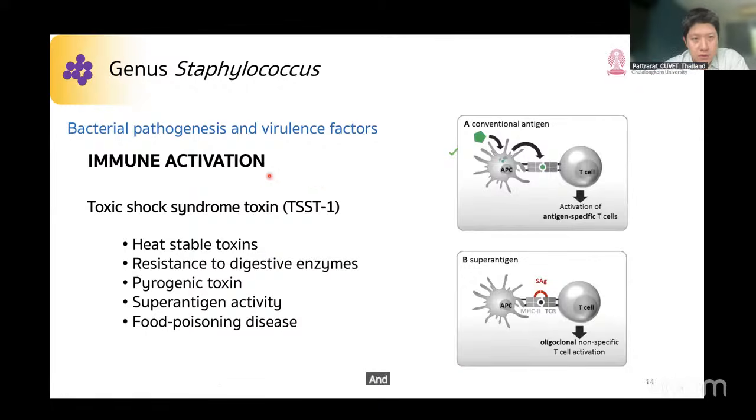And next, some Staphylococcus strains, especially Staphylococcus aureus, can cause food poisoning by toxic shock syndrome toxin 1 production, or we can call it TSST-1. The toxic shock syndrome toxin is a heat-stable toxin.